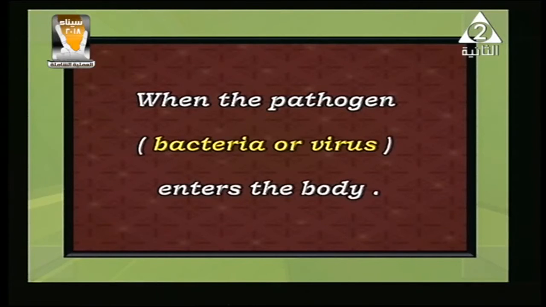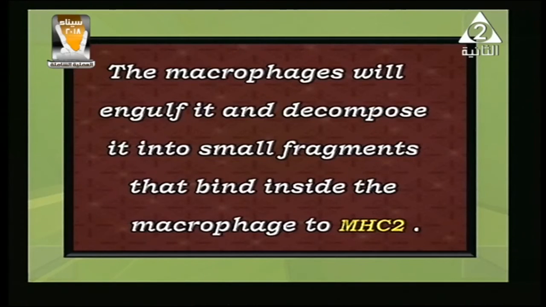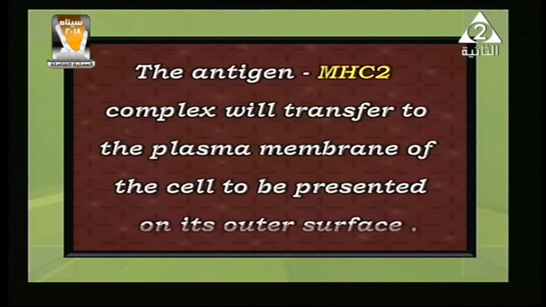Step number one. When a pathogen, like bacteria or a virus, enters the body, what will happen? The macrophages will engulf it and decompose it into small fragments, small pieces. These small pieces bind inside the macrophages to form the major histocompatibility complex with the antigen, and the complex will transfer to the plasma membrane of the cell to be presented on its outer surface.